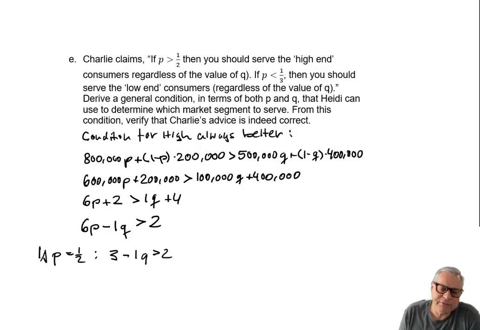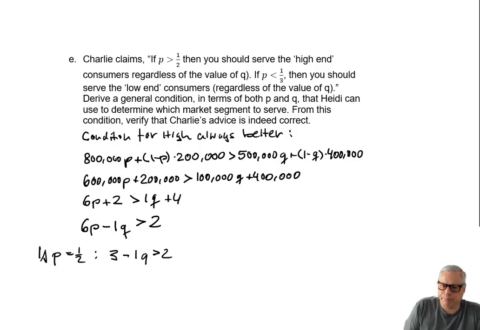So we see, even if the probability Q were 100%, we get 3 minus 1, which is greater than 2. So indeed, as long as the probability of a favorable condition is greater than 1/2, you should always go for the high-end market. So what did Charlie say? If P is greater than 1/2, then you should serve the high end. This is correct.